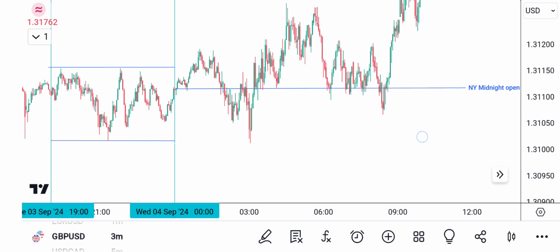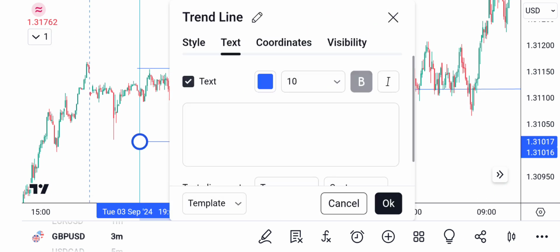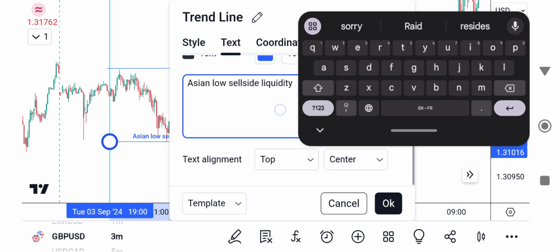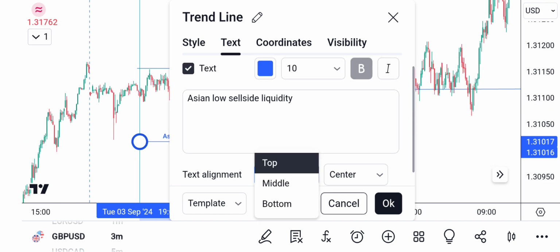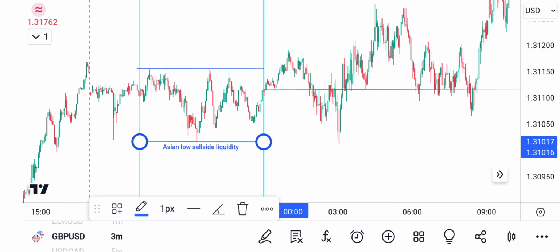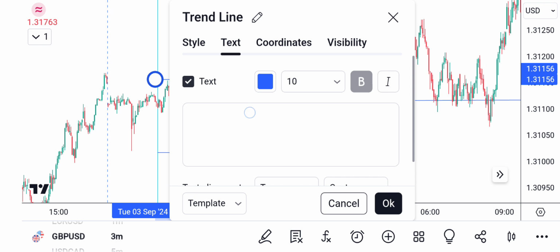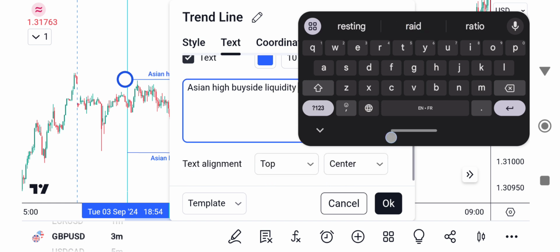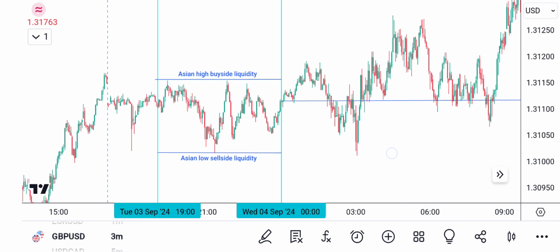I hope it is clear. Then this one we are going to label Asian low, sell side liquidity. We'll put it at the bottom and then center. This is perfect. We are going to do this also for the Asian high, buy side liquidity. We are going to put it top and centered.